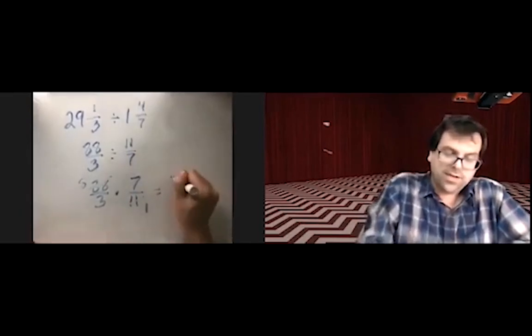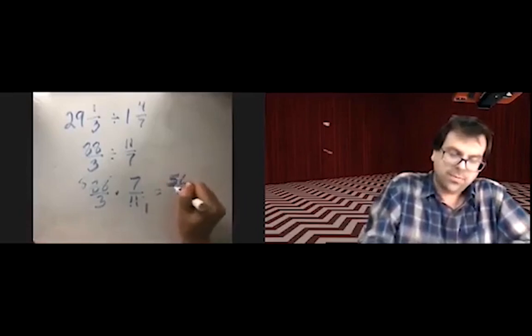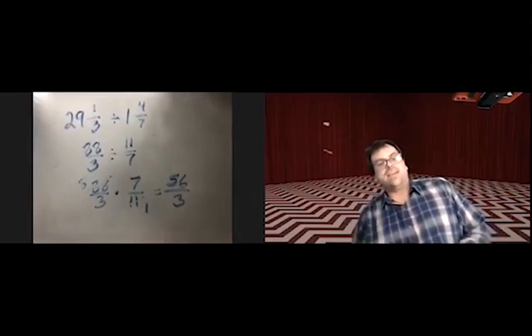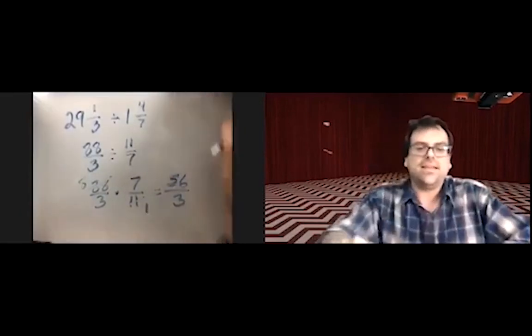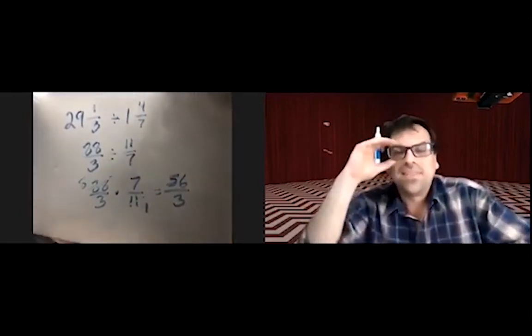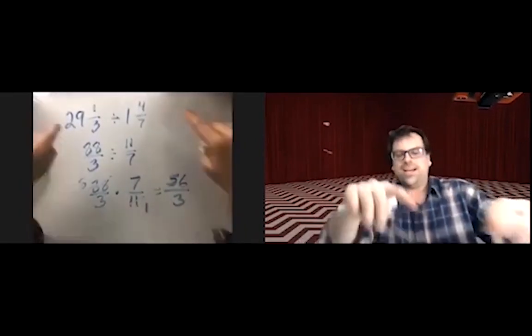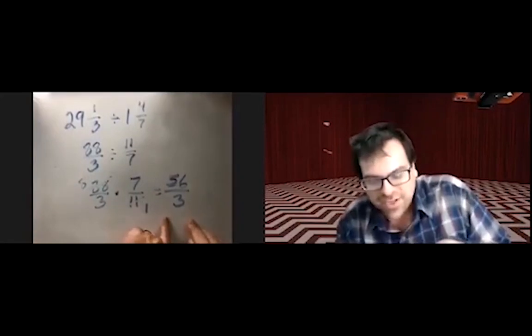And why couldn't I finish class without showing an example like this, where we get 56/3? Because finally, a problem with mixed number division where we got an answer that was an improper fraction.